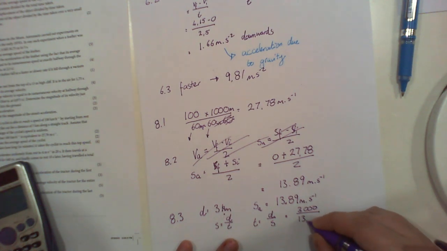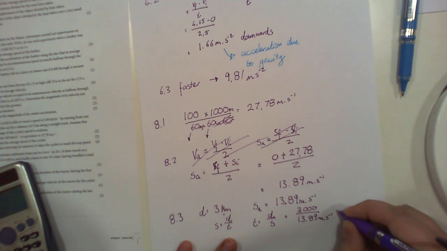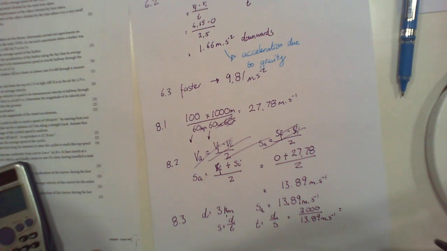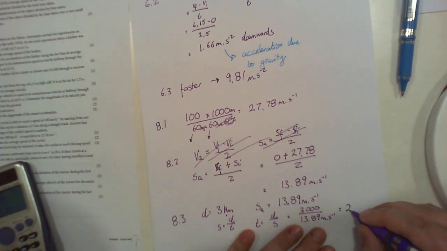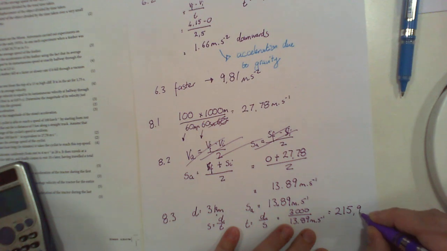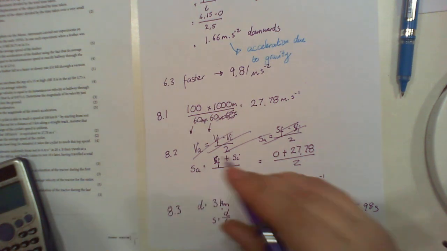Over 13.89 meters per second will give us 215.98 seconds. It asked for the answer in minutes, so we need to convert back to minutes.